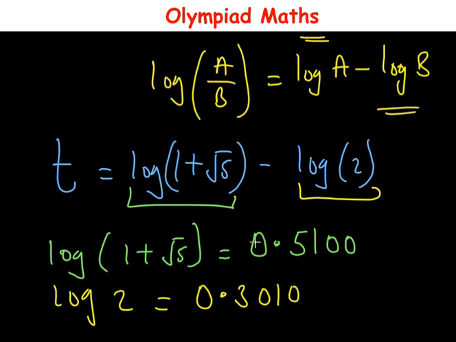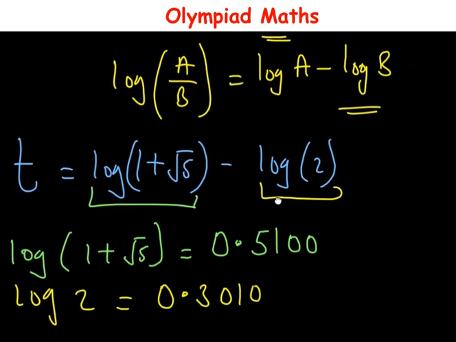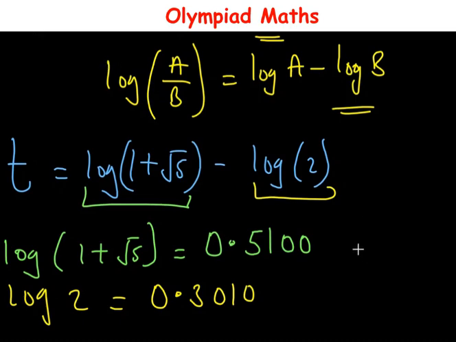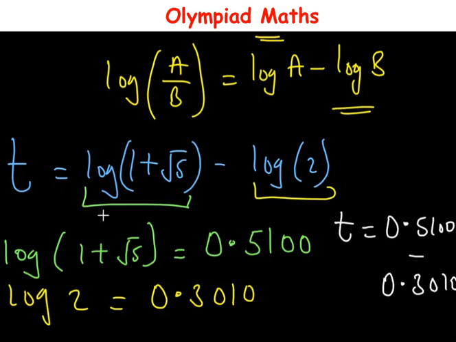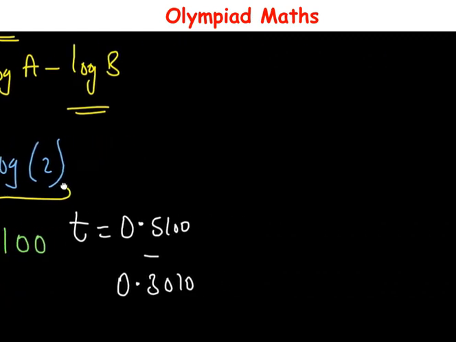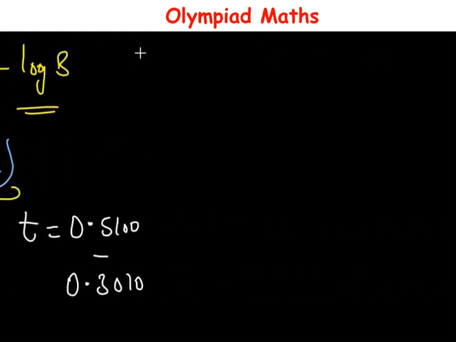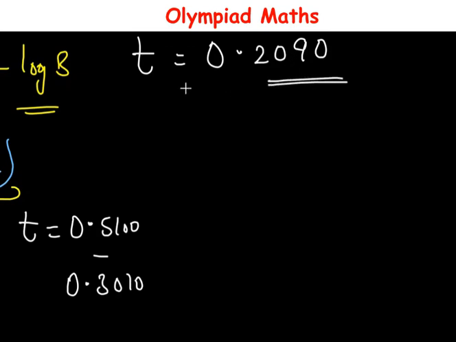So if we subtract these two values, we get the value of t. The value of t will equal 0.5100 minus 0.3010. If you do the subtraction, the value of t will be equal to 0.2090. This is the value of t that you will get.